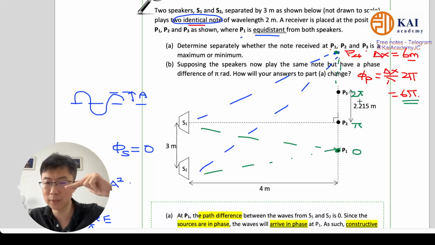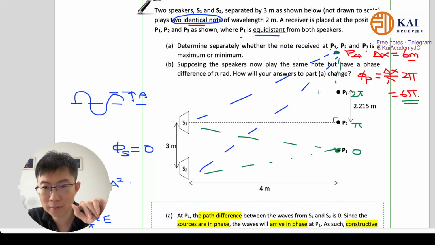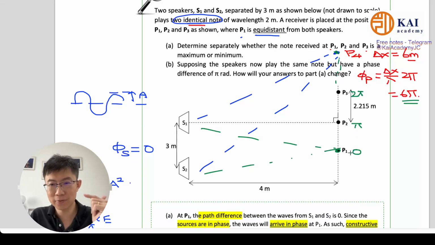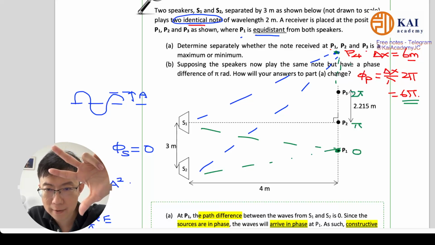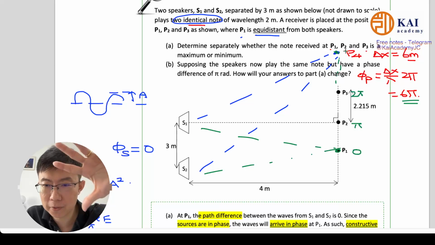And so in between, whenever there is an odd multiple of pi, there must be a destructive interference. So from 0 to 6 pi, you are going to see a minima or destructive interference whenever there is pi. Somewhere between P3 and P4, there will be a 3 pi. 4 pi is not counted, 4 pi is a constructive interference, and then a 5 pi, and then at P4 you reach 6 pi.